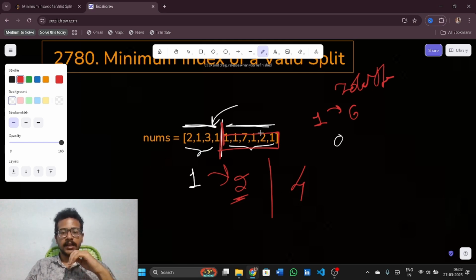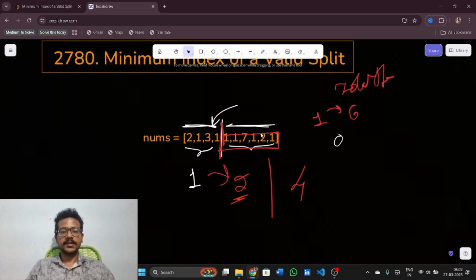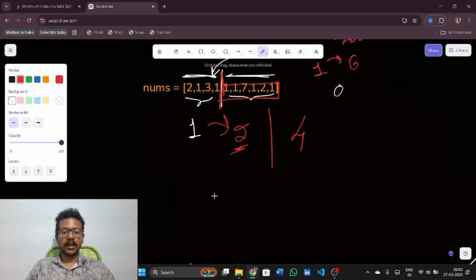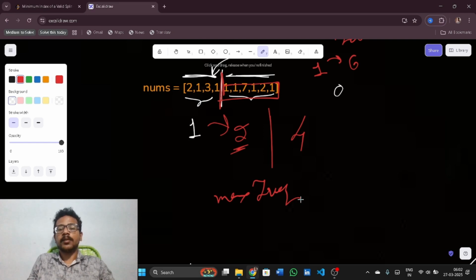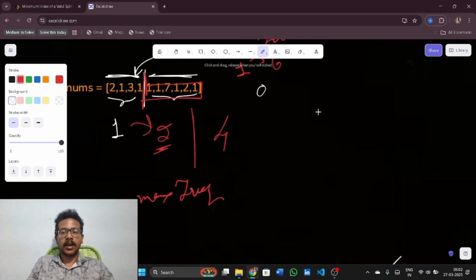But instead, what I can do furthermore is take the maximum frequent element. You might ask me, why the maximum frequent element? Imagine I am having something like 1 for 4 times and 3 for 2 times.